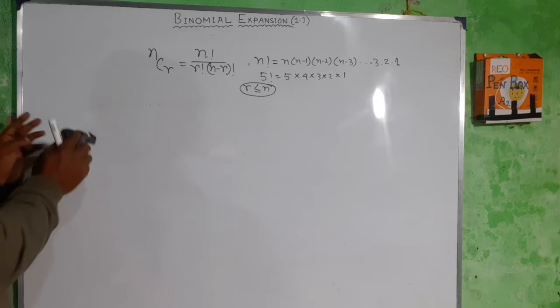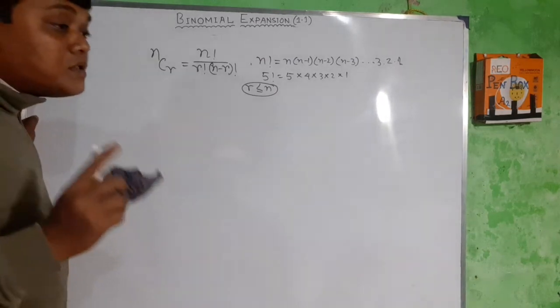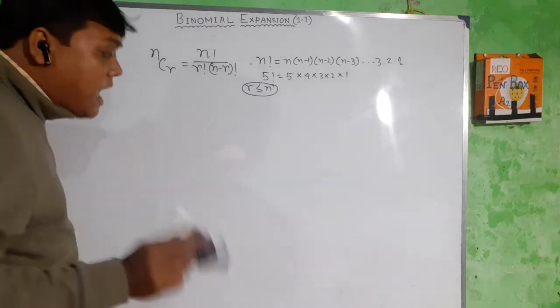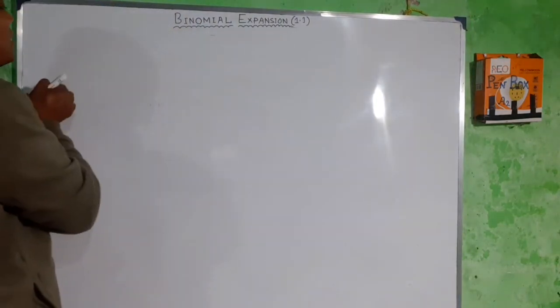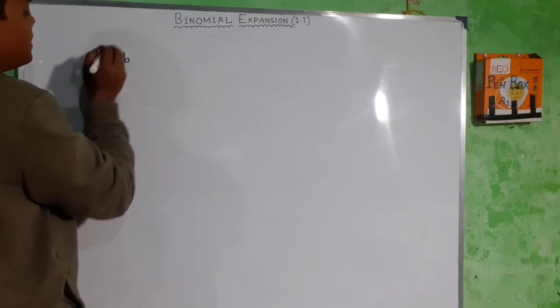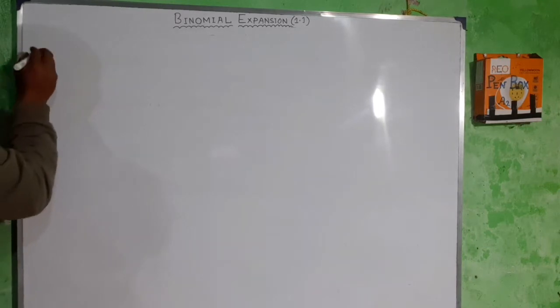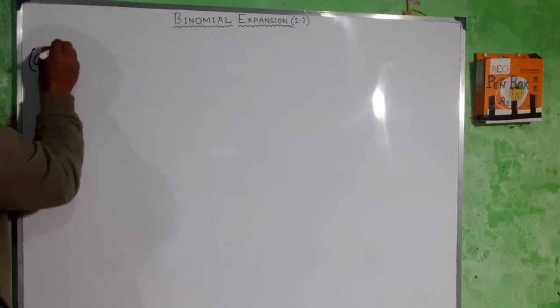Now we study the binomial theorem for positive integral values of n. n is the general value. What is a plus b whole to the power n? I have written down here the expansion.